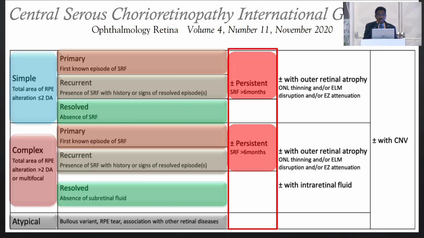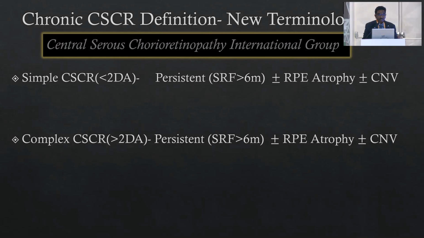Now, all of them can be associated with RPE atrophy or with a CNVM. So this is the current classification to maintain uniformity across all sectors, all studies. They have proposed this classification, and probably we may have to use it going forward, which means that persistent is the one which would be termed as a chronic CSR.